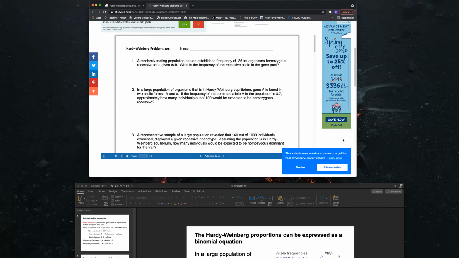So how would we find this out? The equation we can use is, well, think about it. If 0.36 is Q squared and we need to find Q, what can we do?